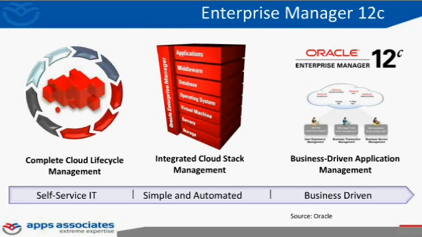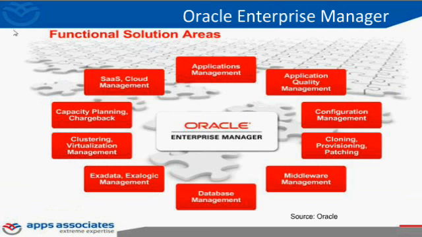The business-driven application management focus comes from providing administrators the capability to look at IT events and map them to actual business and application activity. It allows you to measure user experiences, and monitor and report on business transaction management and business services management. Here's a quick look at the different functional areas that Oracle Enterprise Manager provides today.